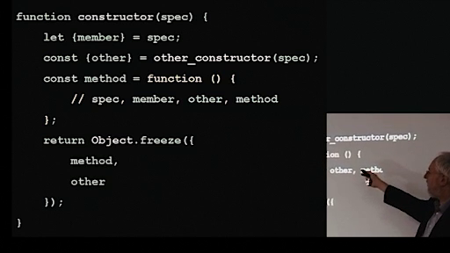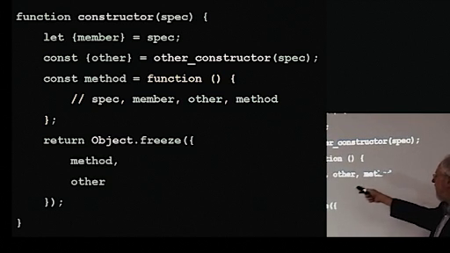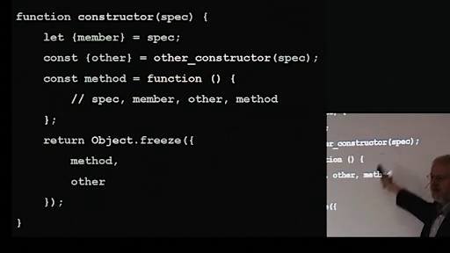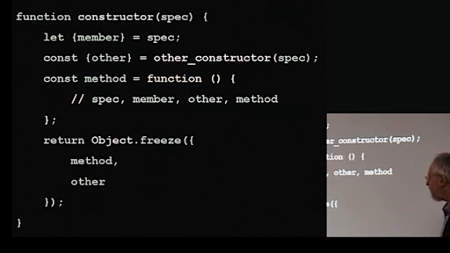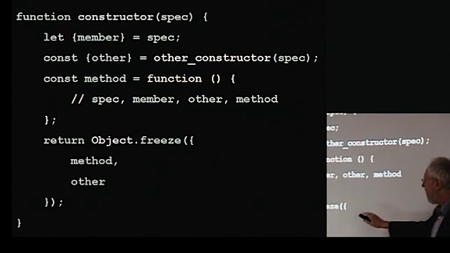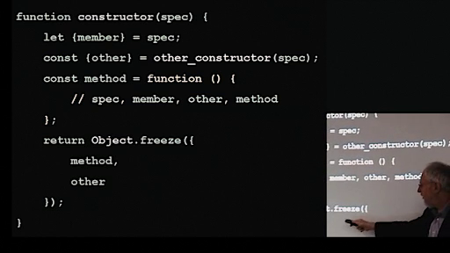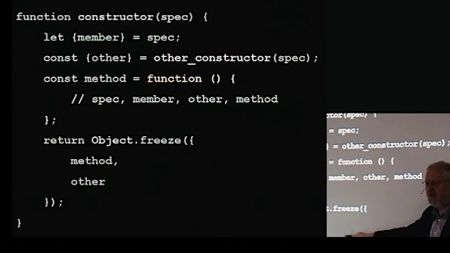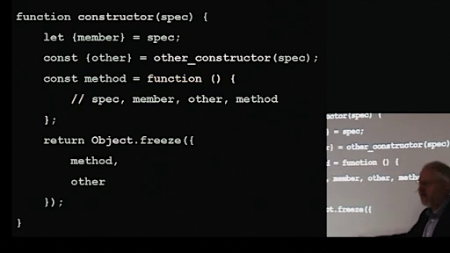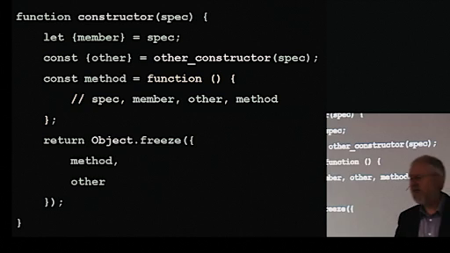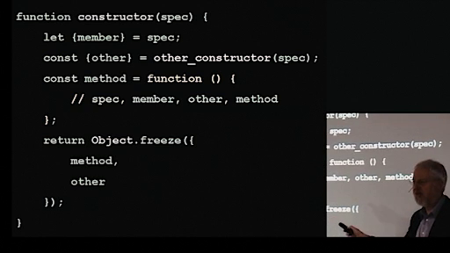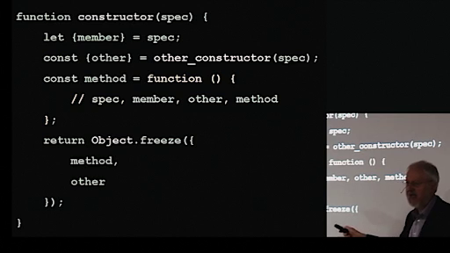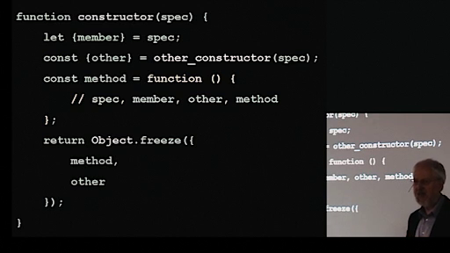Then again, I'm going to be making my methods, and again, my methods will close over all of this stuff, and again, my methods are not using this. Then when I'm done, I publish the public methods here, the ones that I made or the ones that I inherited, and I'm taking advantage of new object literal syntax here, that if you have an object literal and you just say a name and you leave out the colon, it's a shorthand for name colon name.